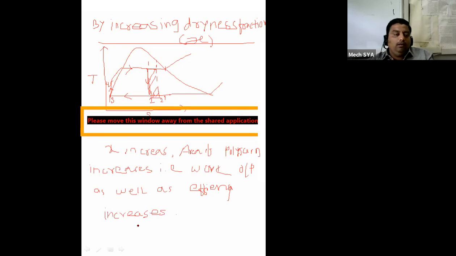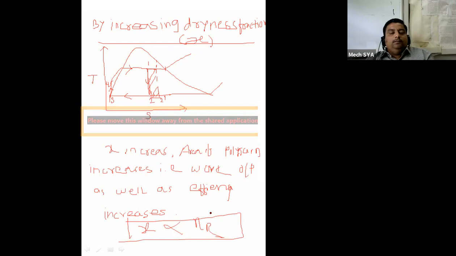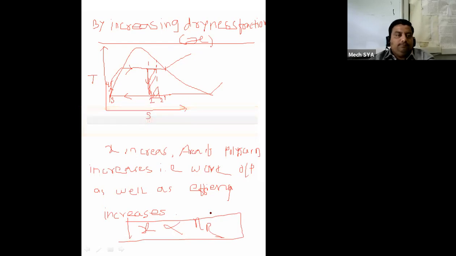It means x is directly proportional to eta Rankine. Understand?